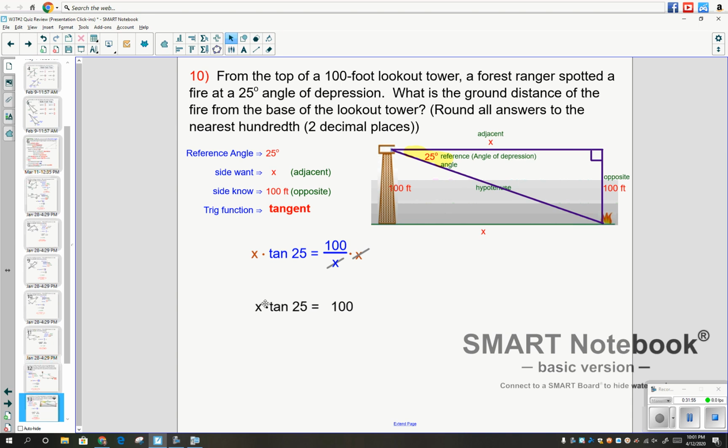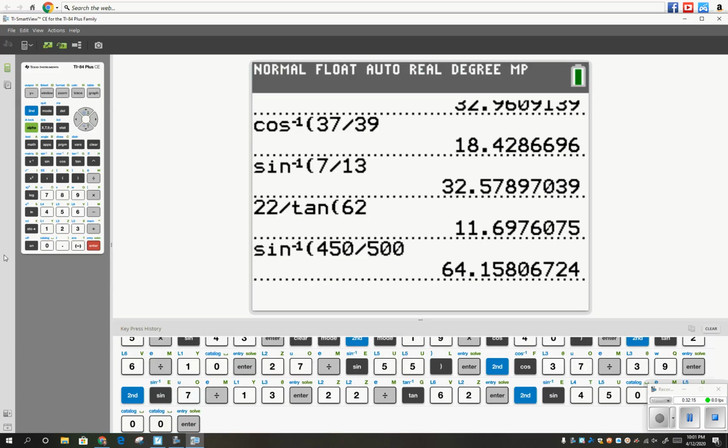How do I get x by itself? I want to divide by tangent of 25. Tangent of 25 is a number. Divide by it. The tangent of 25 on the left will cancel out, leaving me with just x. x equals a number. How do I get that number? 100 divided by tangent of 25.